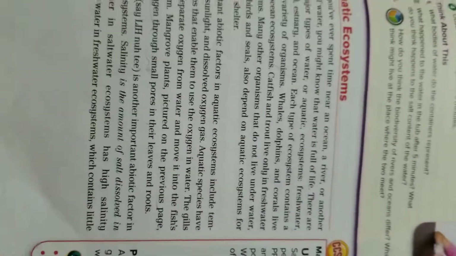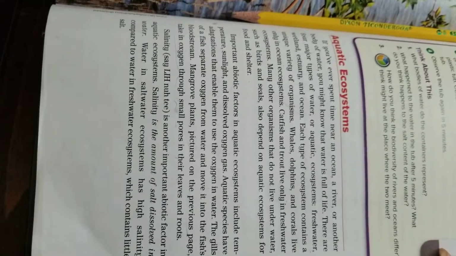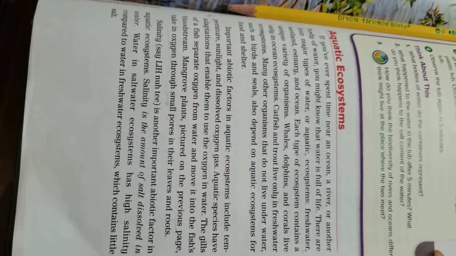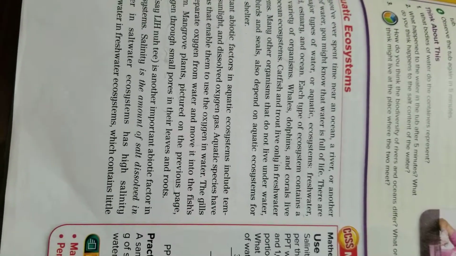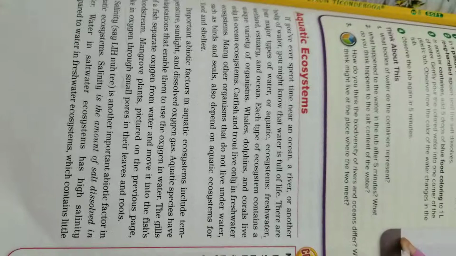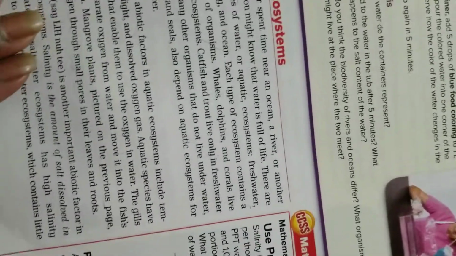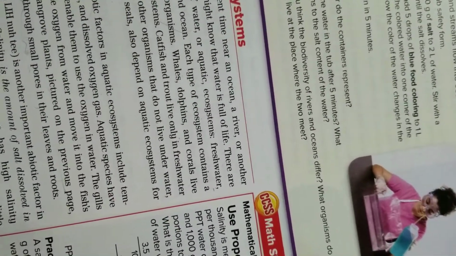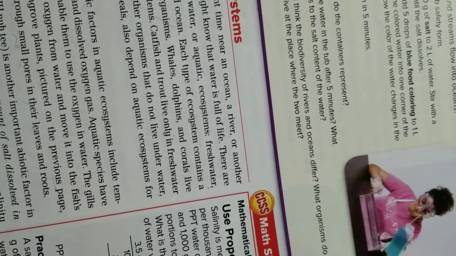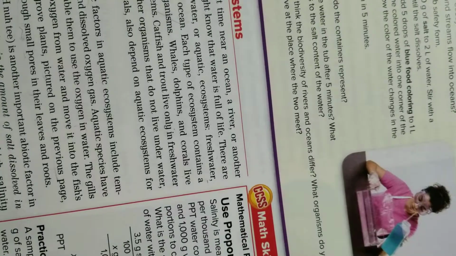If you ever spend time near an ocean, a river, or another body of water, you might know that water is full of life. There are major types of water or aquatic ecosystems: wetland, estuary, and ocean. Take your time and sound it out. Each type of ecosystem contains a unique variety of organisms.